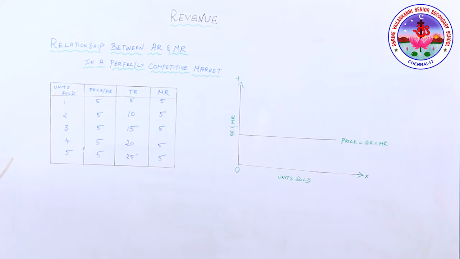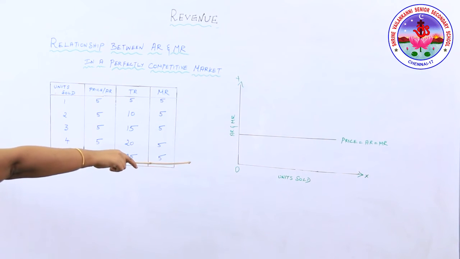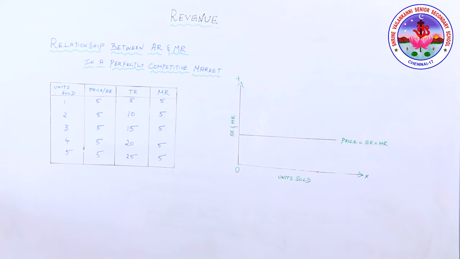No firm is in a position to influence the market price of a product. What do you mean by that? A firm can sell more quantity of output at the same price. So what will happen? The revenue from every additional unit, that is MR, is equivalent to AR. Both AR and MR curves will coincide in a horizontal straight line parallel to the x-axis, as I have shown in the diagram.